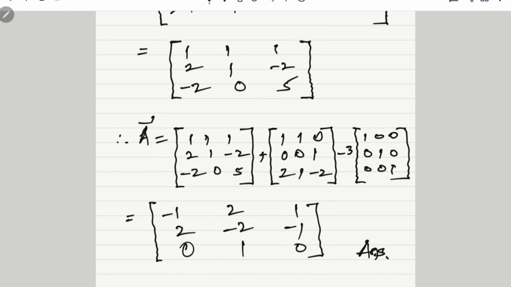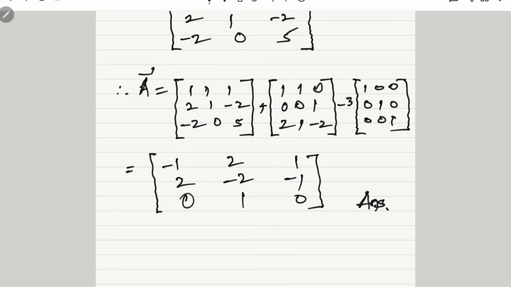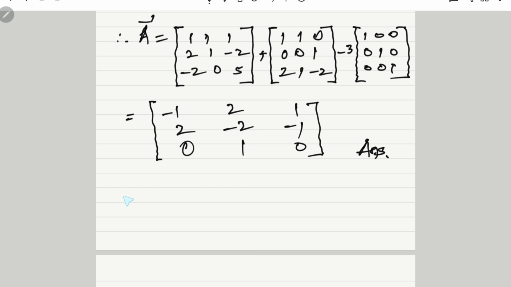Whether it is correct or wrong, that we simply check by performing this, and do it yourself. I will not perform this calculation. Cross check. What is the property? Property is that product of A into A inverse is identity matrix.